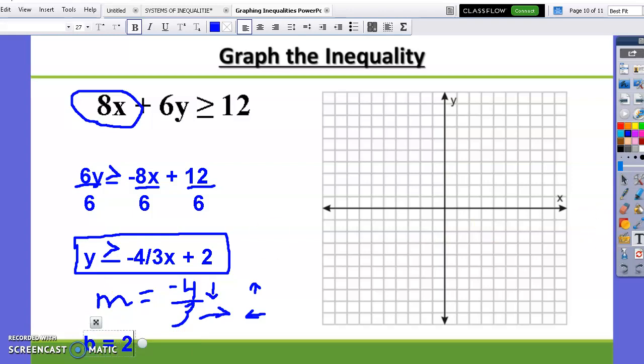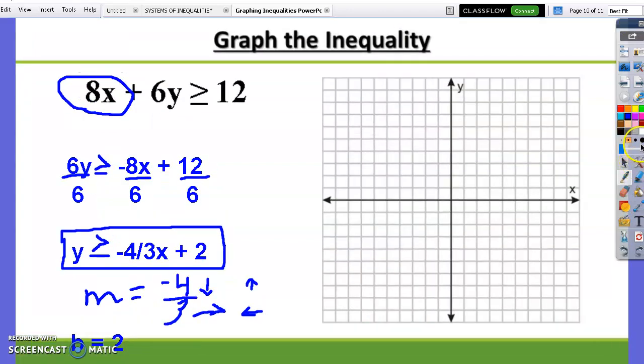So I begin at b, which is 2. So that's up here, 1, 2. You put your dot. Then I'm going to go down 4 and to the right 3. 1, 2, 3, 4. To the right 1, 2, 3. From 2 I could also go up 4, 1, 2, 3, 4, and to the left 3, 1, 2, 3.